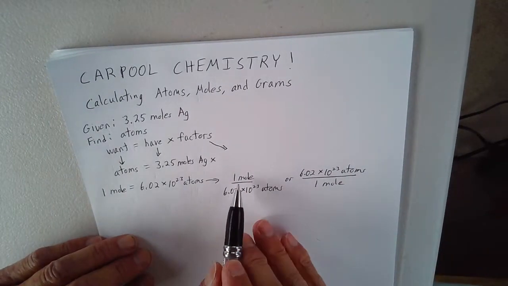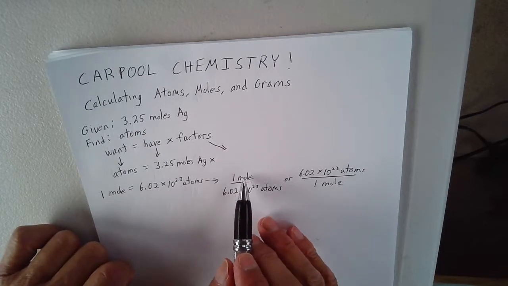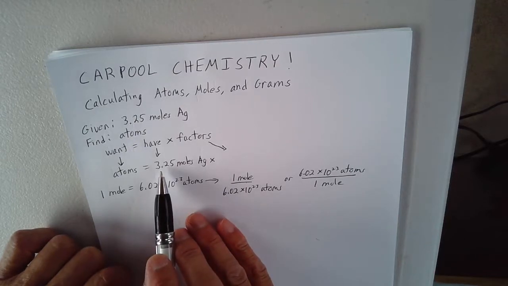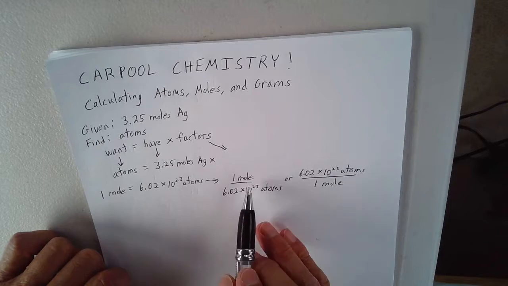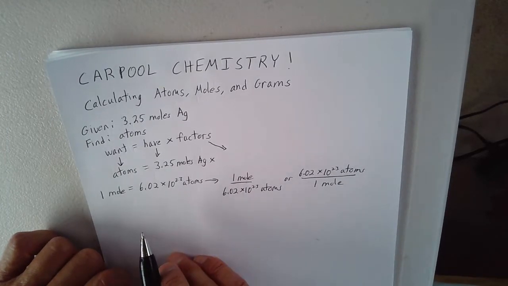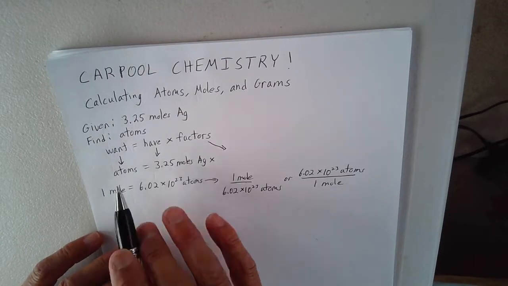Now, because the number on the top is equal to the number on the bottom, the overall value of this fraction is equal to 1. That means we can multiply our 3.25 moles of silver by either of these two factors, which equal to 1, and this will retain its same value. Which one shall we multiply by in order to convert from moles to atoms?